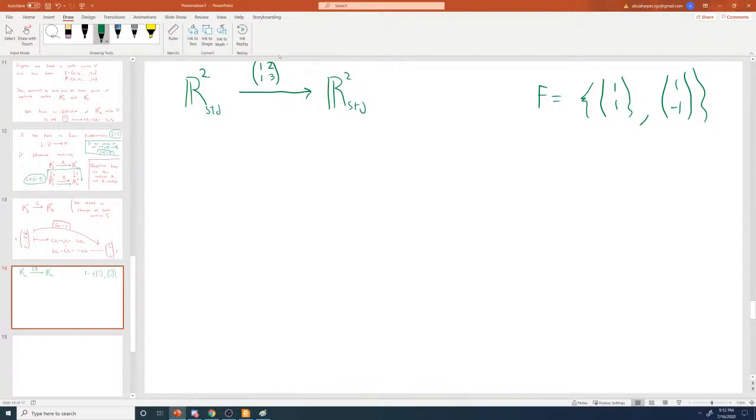And so I'm going to have the space of coordinate vectors associated with this basis.